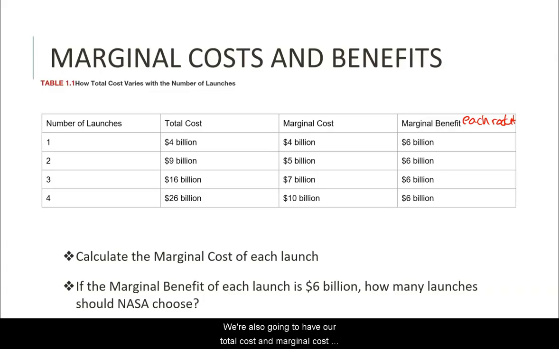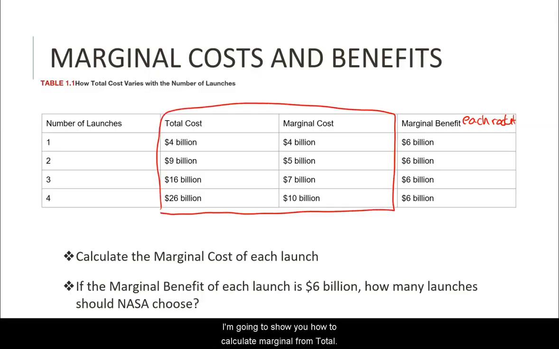We're also going to have our total cost and marginal cost. I'm going to show you how to calculate marginal from total. And then we are going to use a rule for finding our optimal choice. So best combination, best quantity to produce, whatever that best quantity is, that best number.